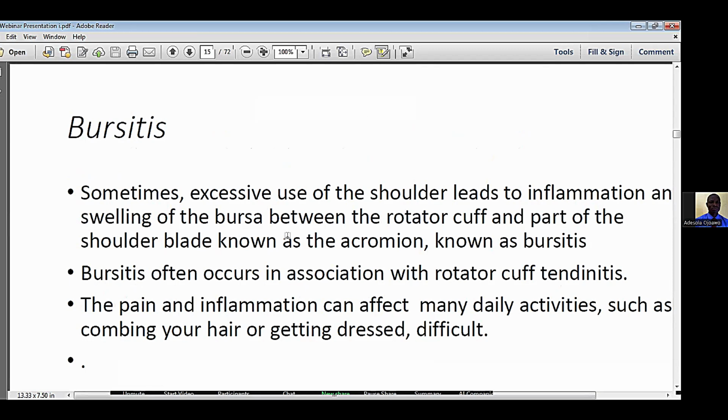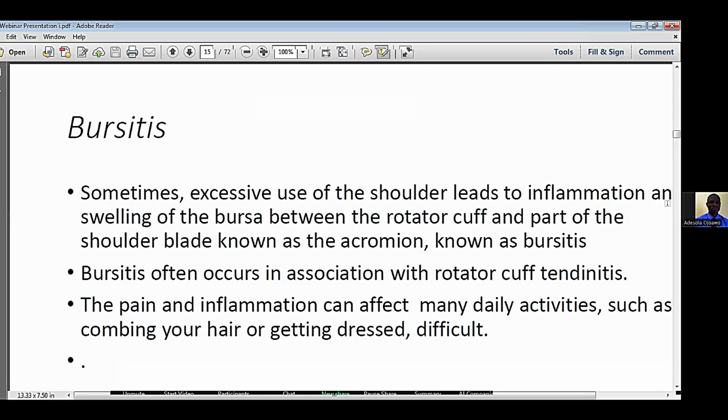Is it frozen shoulder? Is it osteoarthritis? What is it? If you don't know what the problem of the patient is, forget it. You can't get any result, and all your treatment is going to be in vain. You are going to appear to the patient as if you don't know what you are doing. Very, very important, to be able to get what the patient is suffering from.